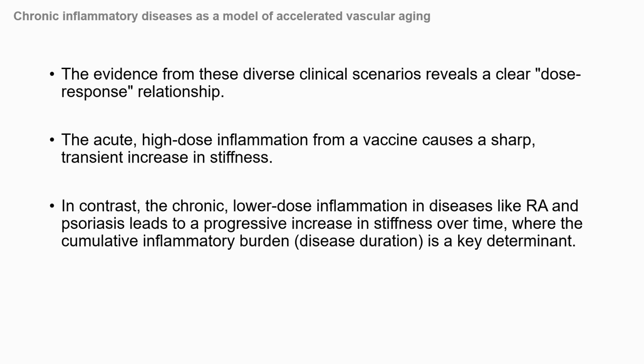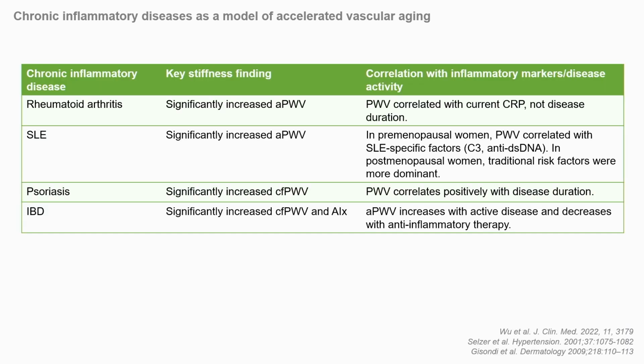In contrast, the chronic low-dose inflammation in chronic diseases like RA and psoriasis led to a progressive increase in stiffness over time, where the cumulative inflammatory burden, aka the disease duration, is a key determinant. Again, this is a brief summary of evidence that chronic inflammation contributes to accelerated vascular aging and vascular stiffness.